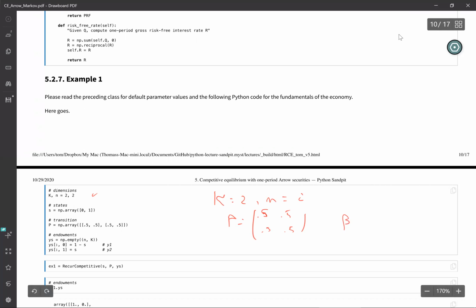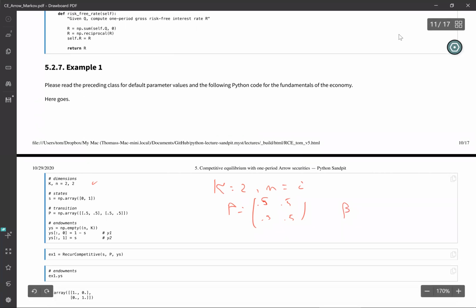Person number 0's endowment takes on values 0 and 1. So person 0 gets the endowment 1 minus S. The other person gets the endowment S. They add up to 1.